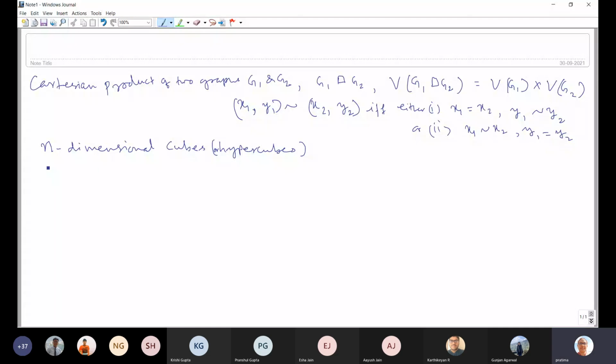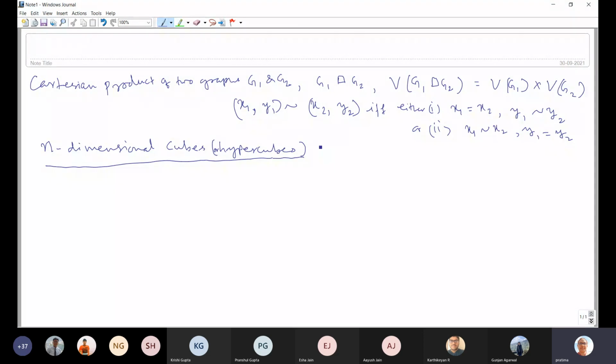So how do you define these n-dimensional cubes? Here I will give you a definition, or construction, of these n-dimensional cubes using the product operation repeatedly, recursively.